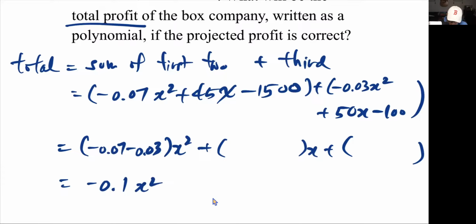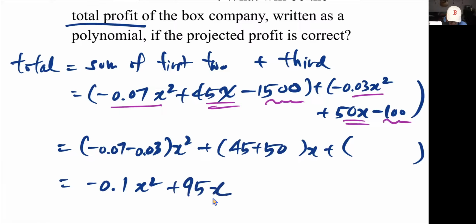And then there's the x terms, and we got the constants. So for x terms, it would be 45 and 50, right? So that gives me 95x. And that's negative 1500 minus 100, which gives me negative 1600.